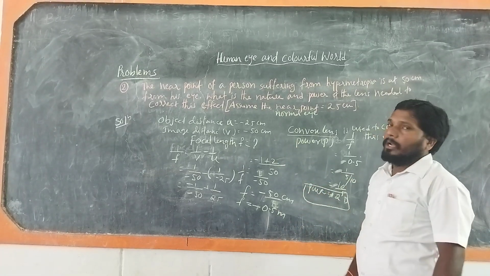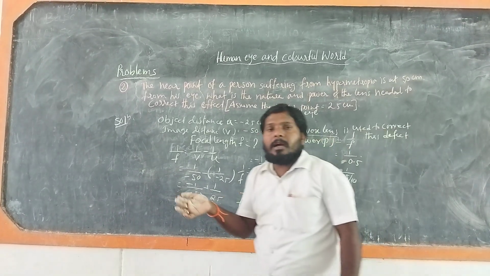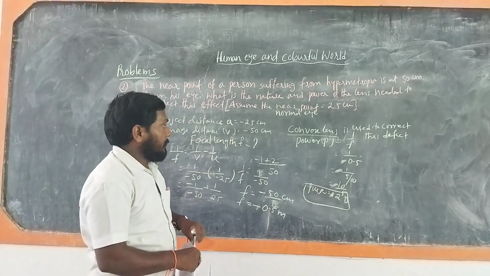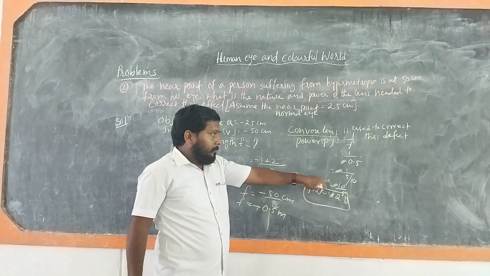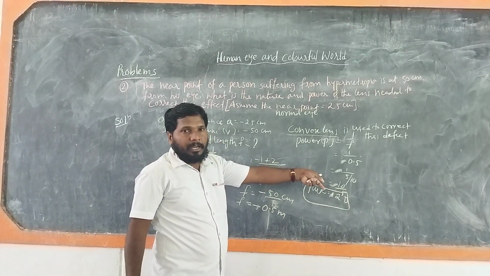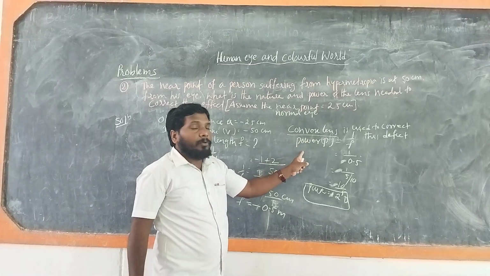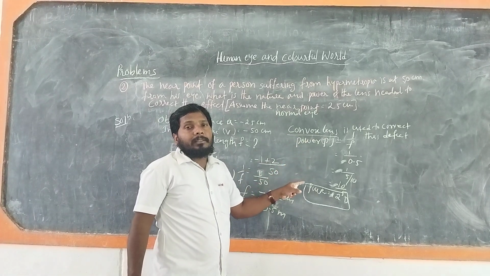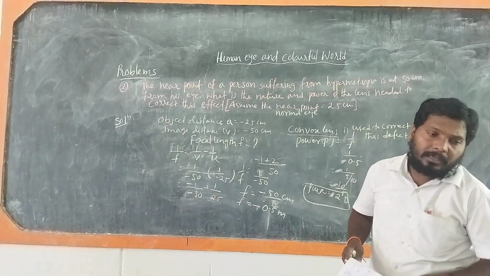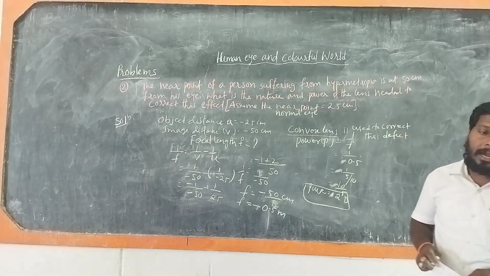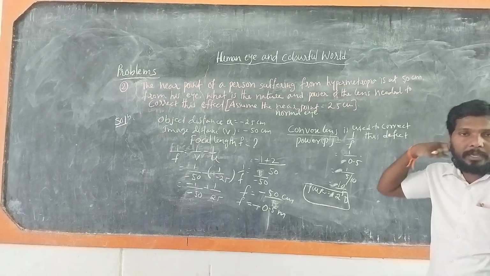Based on the focal length, it is easy to know whether it is a concave lens or a convex lens. Observe that for a convex lens, focal length is positive, whereas in case of a concave lens, focal length is negative. In this way we can understand the problems regarding eye defects, myopia and hypermetropia.